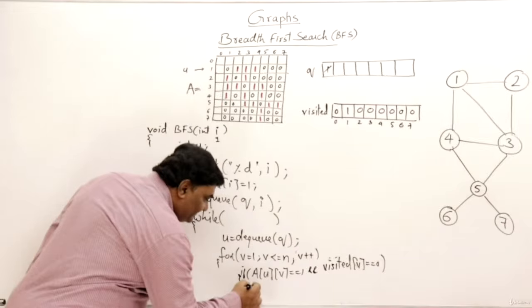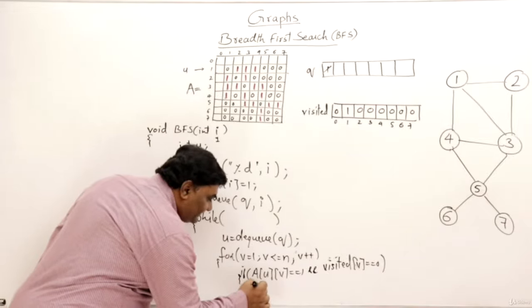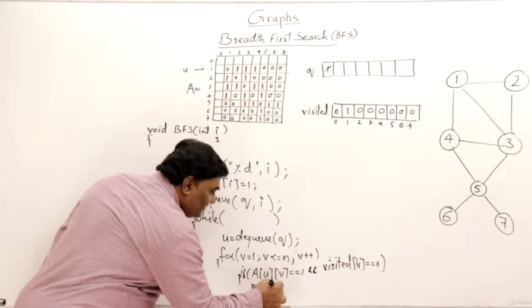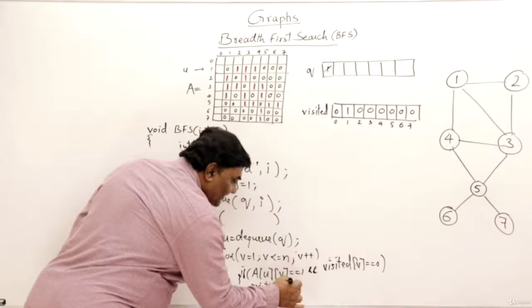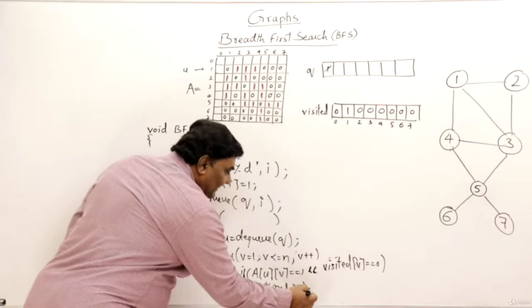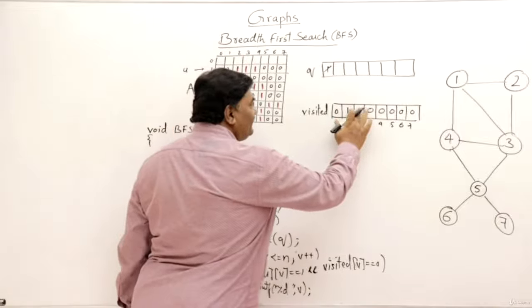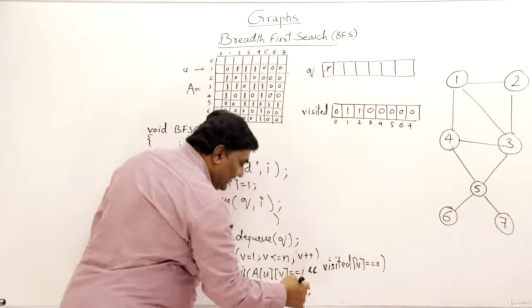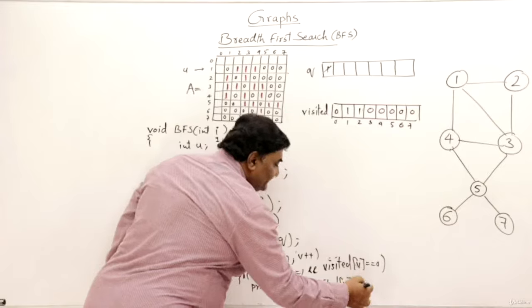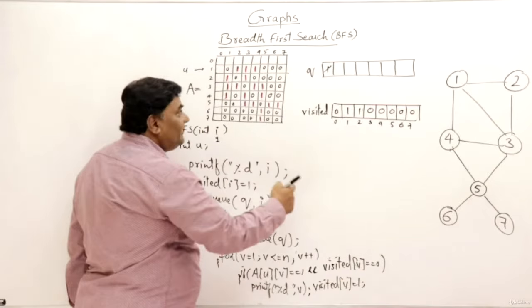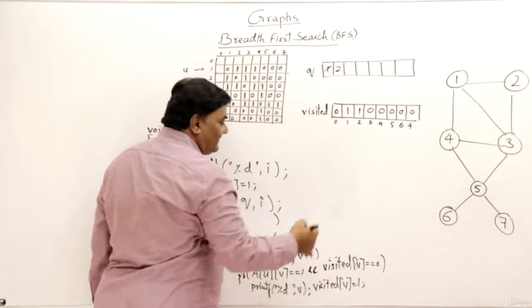Visit that vertex. For visiting, I should first printf %d, vertex v, and I should mark that vertex as visited. So visited of v as 1. And also I should insert that vertex here.